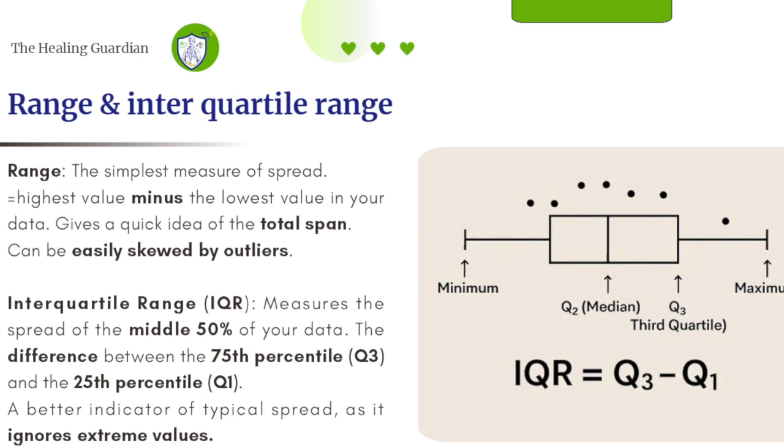It is the difference between the 75th percentile, which is the same as the third quartile, and the 25th percentile, which is the first quartile. Remember spread, we are looking at how spread out the data points are. This number line may be divided into 4 quarters.